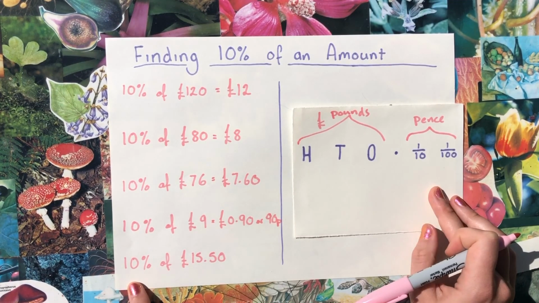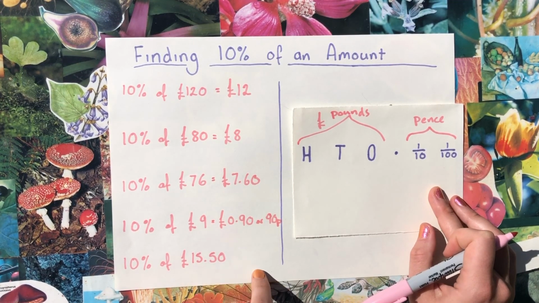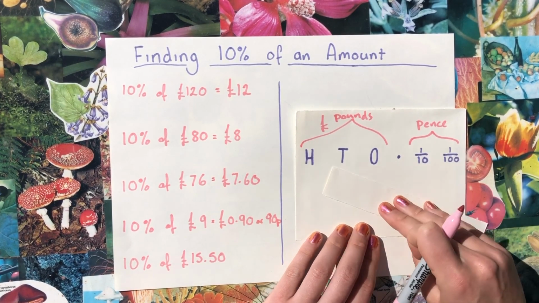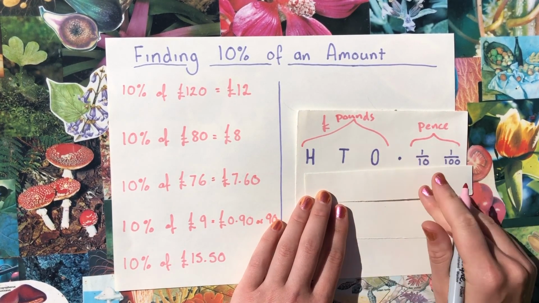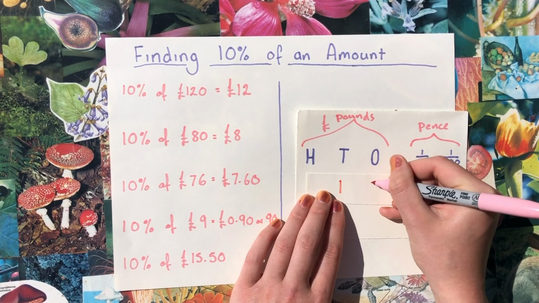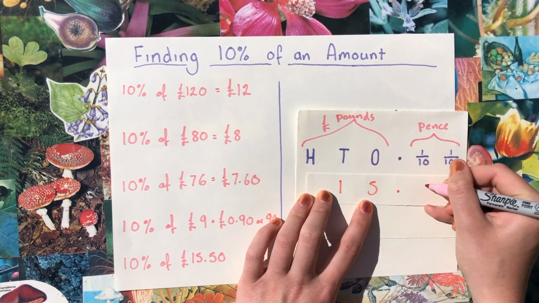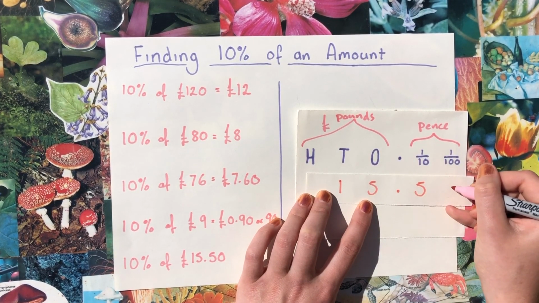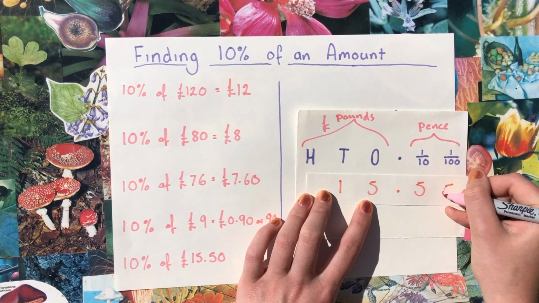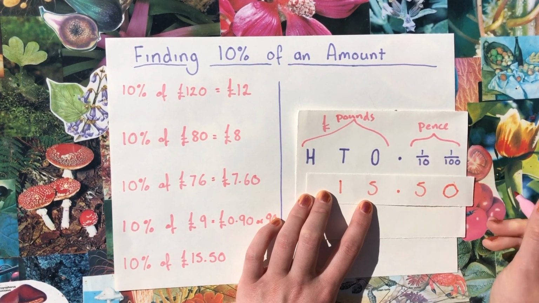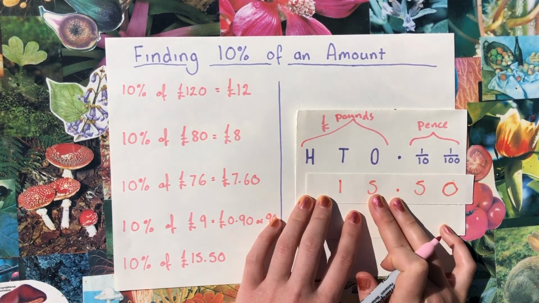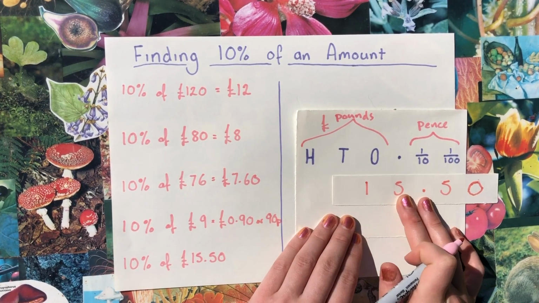Okay, last one, and this is a challenge. 10% of £15.50. Let's fill it in. So we've got £15.50, so we already have a decimal point in this one. Whoop. Best zero I've ever done in my life. I'm gonna divide everything by 10, so I move it one place over.